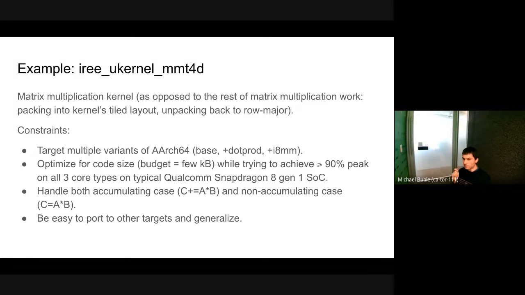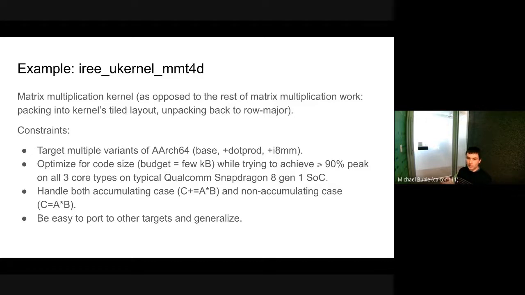Another constraint is this has to handle both the accumulating math model operation, C plus equals A times B, and the non-accumulating case, C equals A times B. Because on the one hand, linalg ops are perfect loop nests, so they are accumulating into existing accumulator values. On the other hand, the vast majority of practical matmuls in ML applications are plain matmuls. So in practice, the accumulating linalg matmul is typically used with an accumulator that was just before filled with a linalg.fill with zeros.